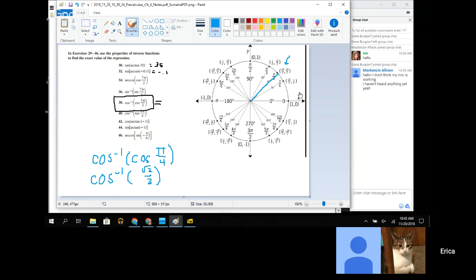Okay, and then if I take the inverse cosine of the square root of 2 over 2, that basically means find the square root of 2 over 2 and tell me where it is on my unit circle, and that will be equal to pi over 4. So you can see that when you take the inverse cosine of the cosine, it equals pi over 4. So it's basically like, oh, I just take this value and plug it in there and all is good, right?